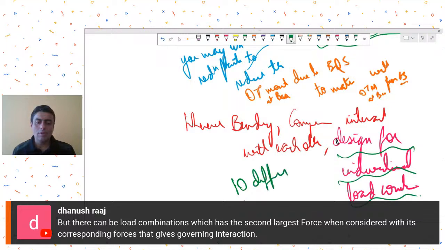You design your member for those 10 combinations, and whichever is the worst output, whether the worst reinforcement in RCC design or the worst utilization ratio in steel design, that is the governing or critical load combination for you.